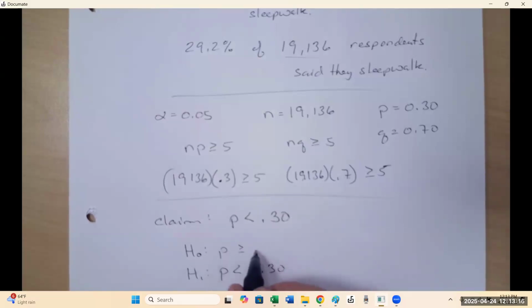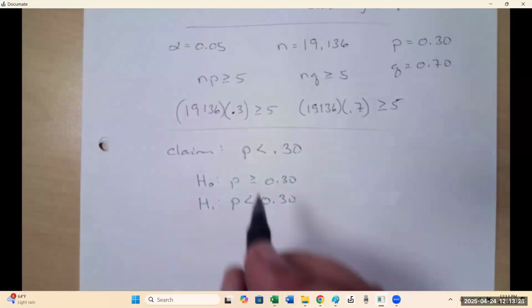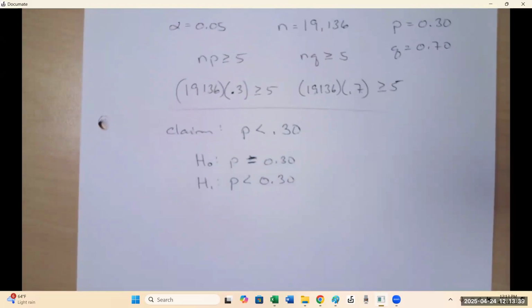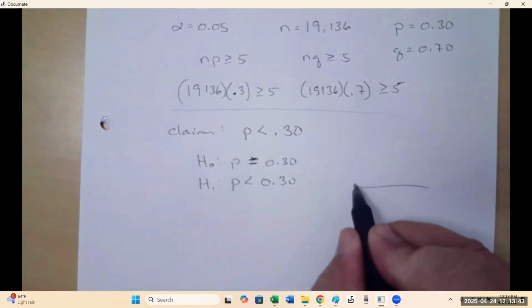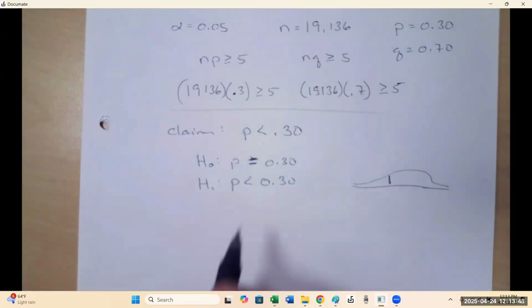It's either greater than or equal to, but because this is a binomial distribution, that's why we just use the equal sign. Do they sleepwalk? Yes or no? Although anything that's greater than 30% would work. So we have our null hypothesis and our alternative, so it's a one-tail left test because of that.